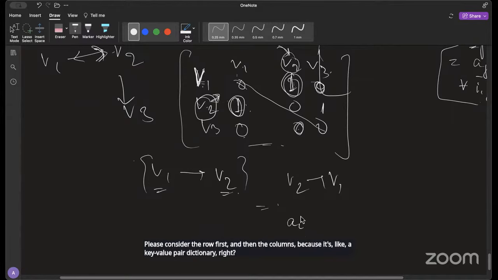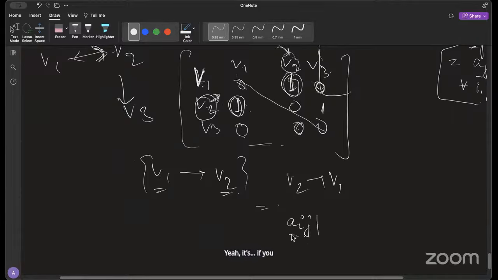If you write it in this manner, the first entry is the row one and this is the column one. You consider rows first and columns later, starting from the upper left corner, row 1 and column 1.